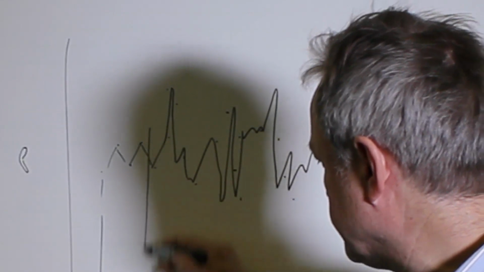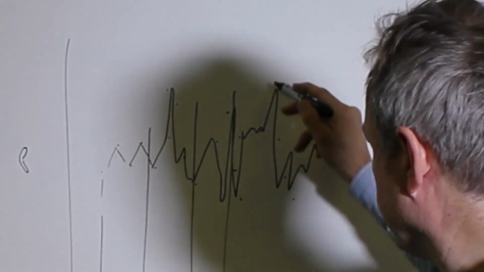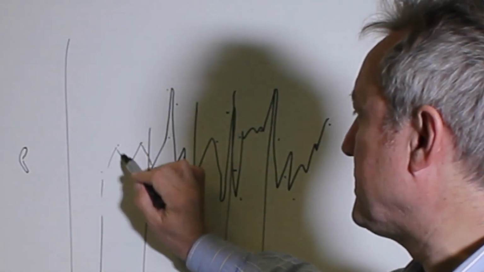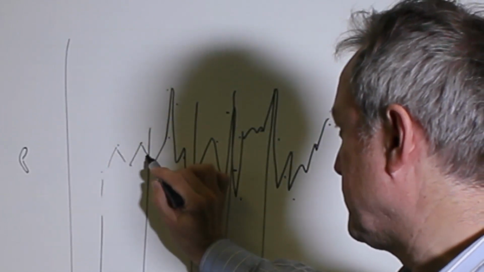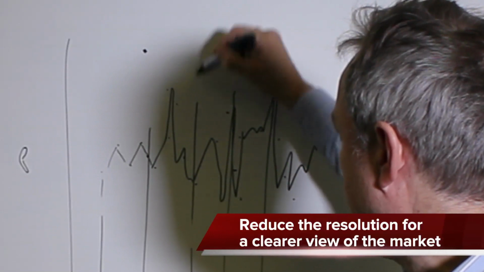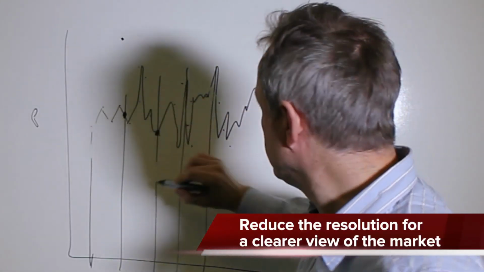We can start aggregating this tick chart into bands of time and say, instead of looking at where the market goes within that band, we'll just concentrate on where the market was at the end of the band, in which case at the end of every band we have one point, and we ignore all the noise in between.